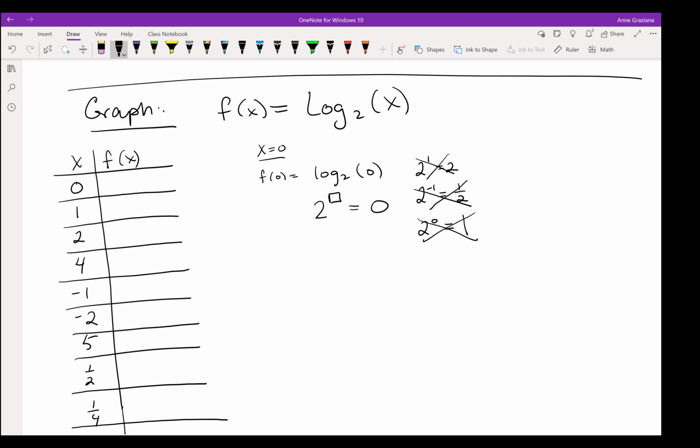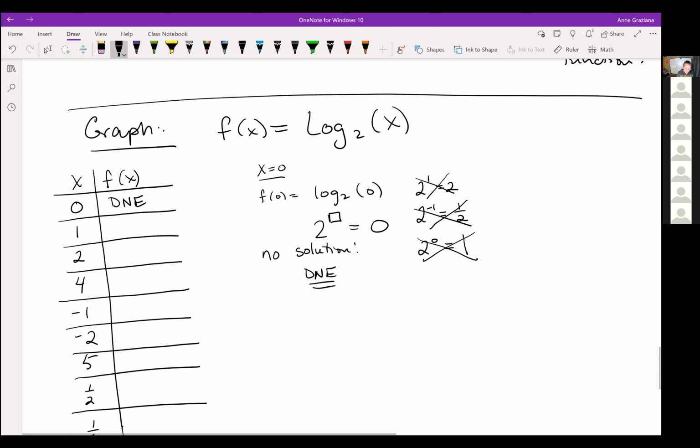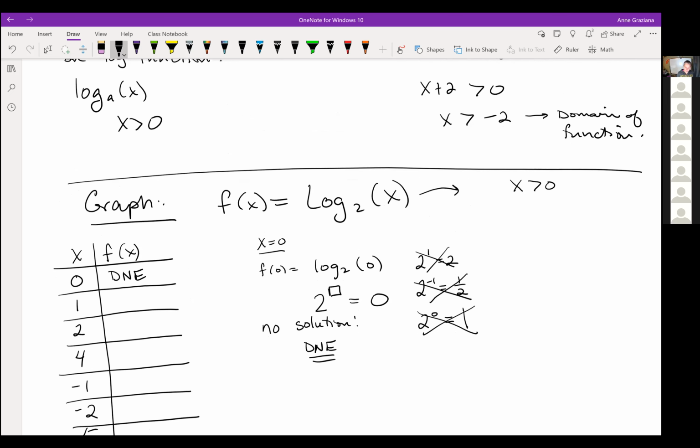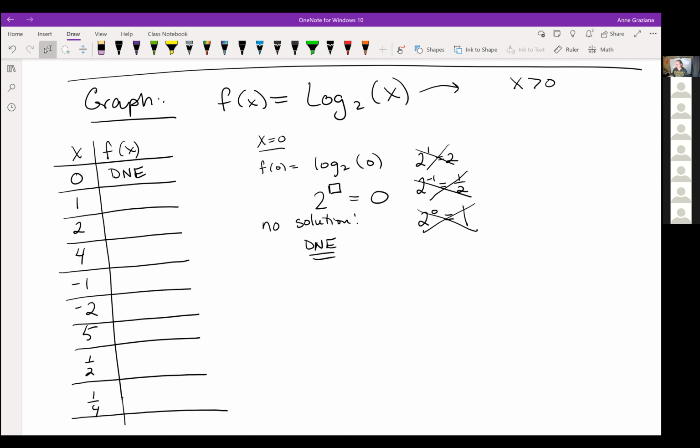So what are you guys feeling here? It doesn't touch 0. There's no solution. This does not exist. And if you look at what I just said about your domain restriction, the input has to be greater than 0. 0 does not go in my function.